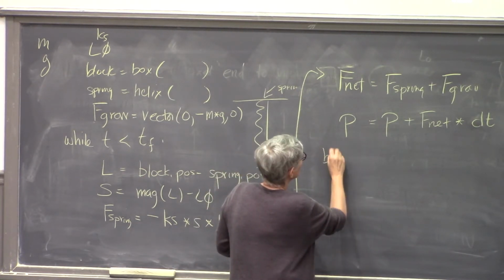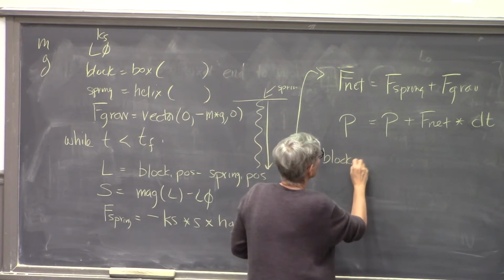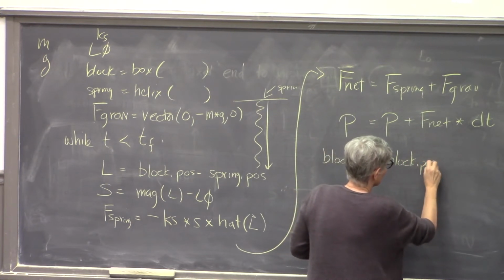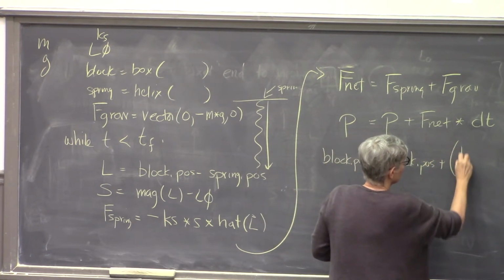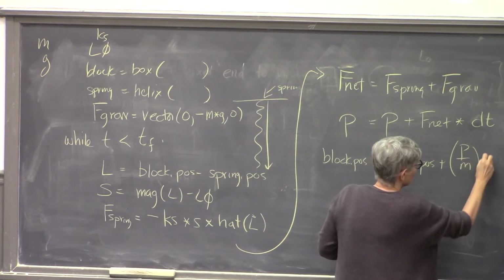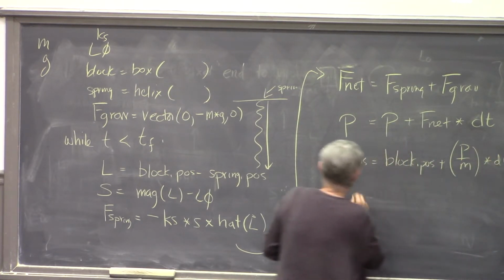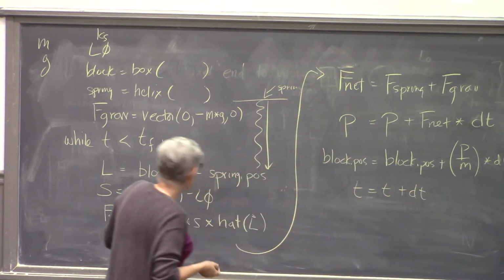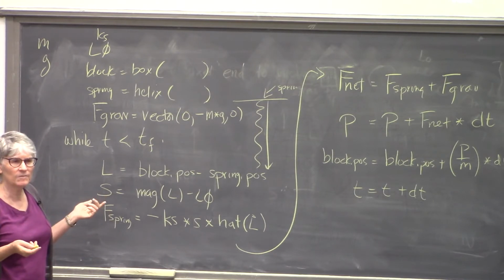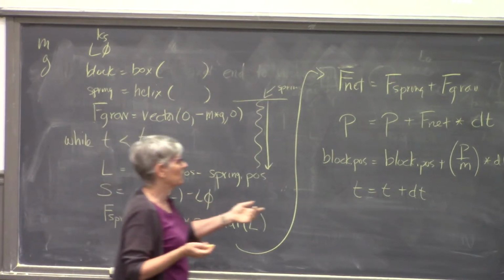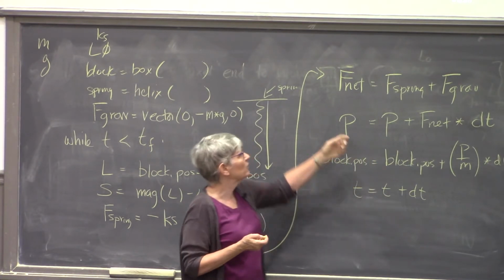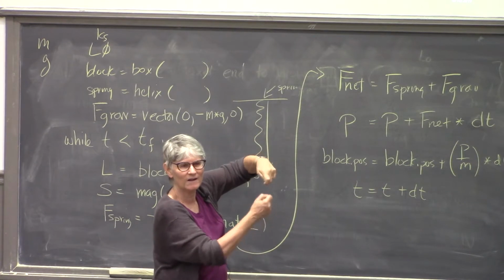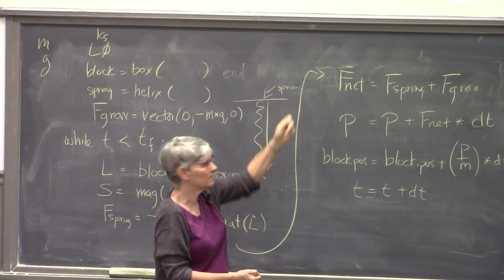And block position plus our approximation P times dt, do it again. Now there's a cosmetic thing we probably want to do here, which is we want to make the spring actually stay connected to the block, and it's not going to do that automatically.